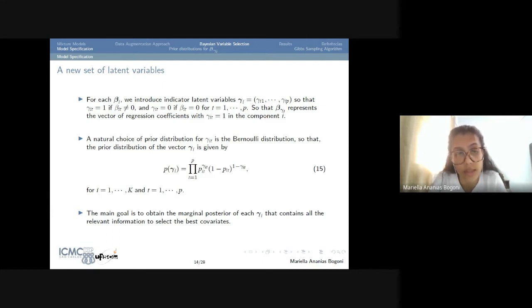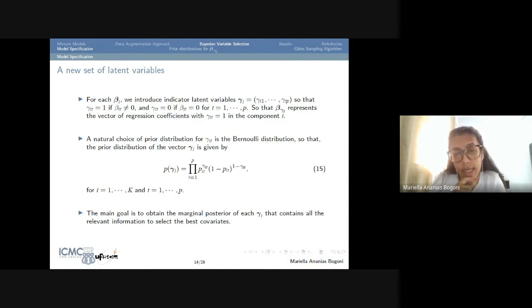In other words, the variable gamma it is an indicator variable that indicates the presence of the regression coefficient beta it in the model. Okay. So in this case, we can represent the vector of the regression coefficients beta gamma I as the vector of regression coefficients with indicator gamma it equal to 1.